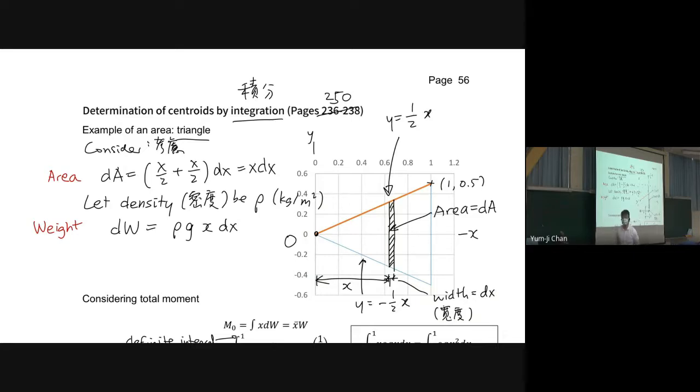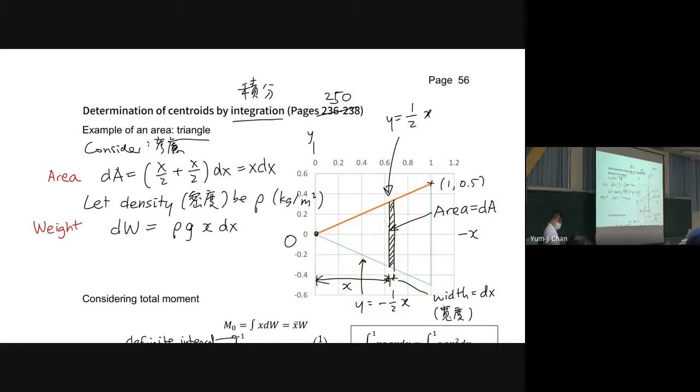Now, weight is a force, and we have dW here because it is put on the wall. It is on the wall, so we have dW here. So if we have weight here, then it has a moment about O, and the moment arm is x.